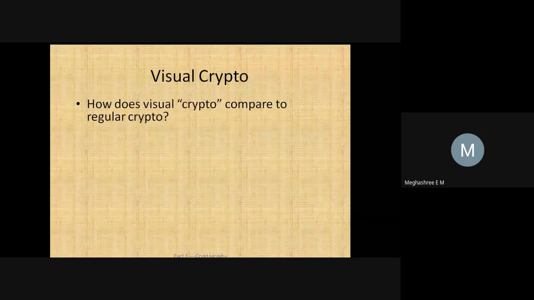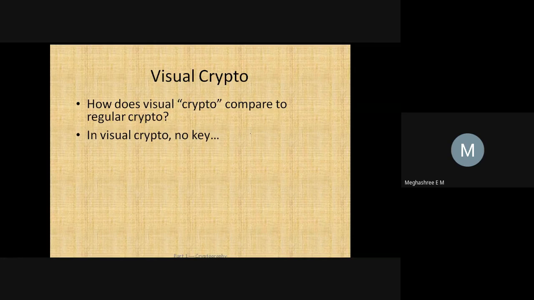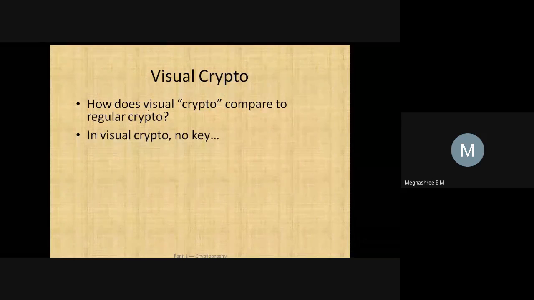Now let's compare the cryptography methods we studied in the first module, and also in the previous semester. Can you compare visual cryptography with regular cryptography? In regular cryptography we need keys, right? With symmetric key, you need a key. With public key cryptography, you need a pair of keys, a private key and a public key, isn't it?